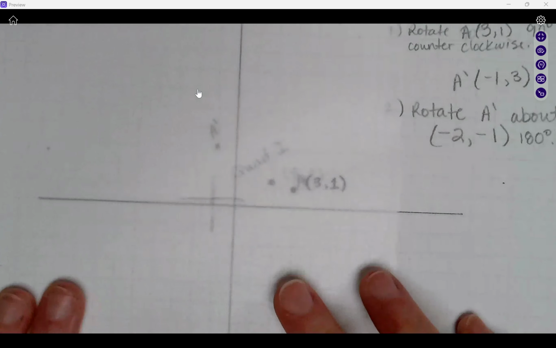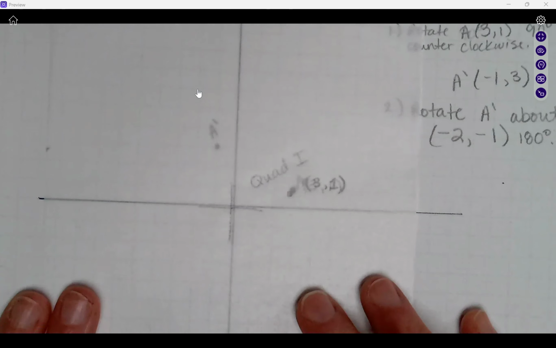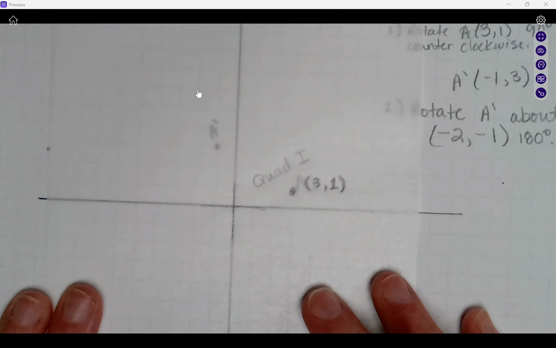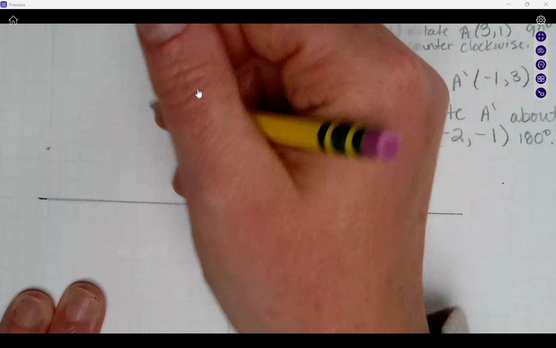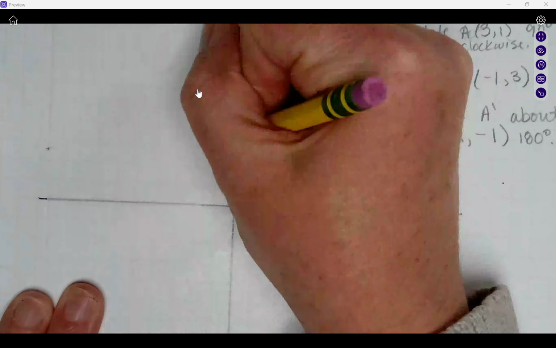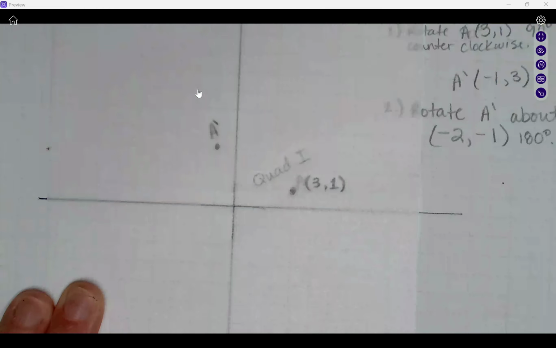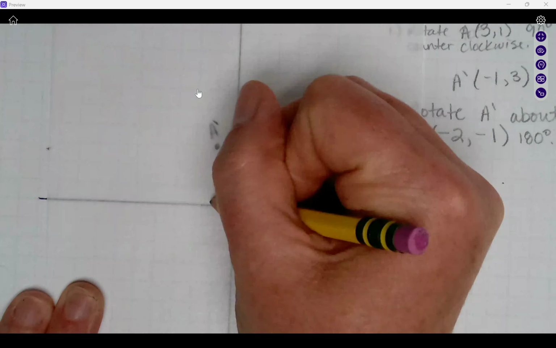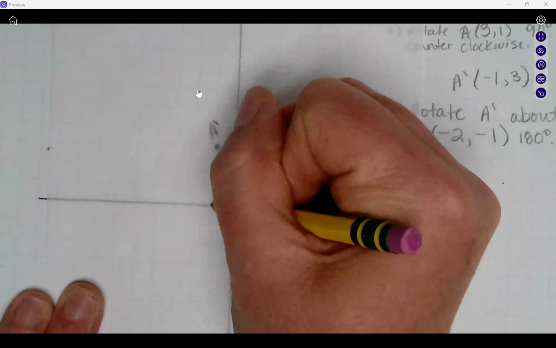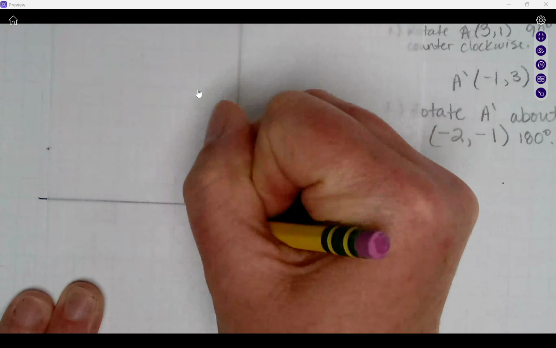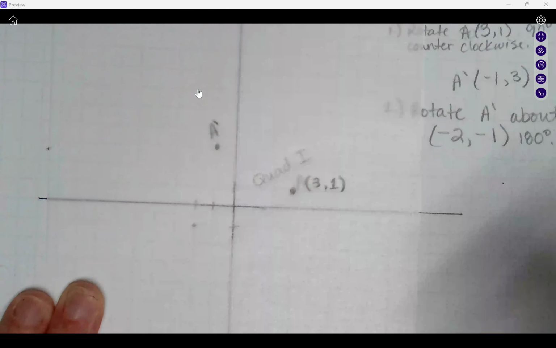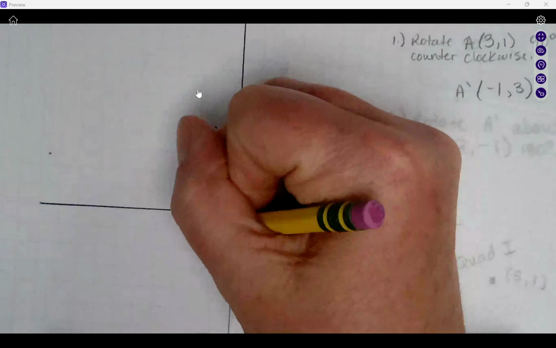I'm going to use the same patty paper that I have here. So I have my origin traced. Let me go ahead and trace over A prime. That's the point that's going to be rotated. And it needs to be rotated about the point -2, -1. So I'm going to go back to down 1, and place that point there.